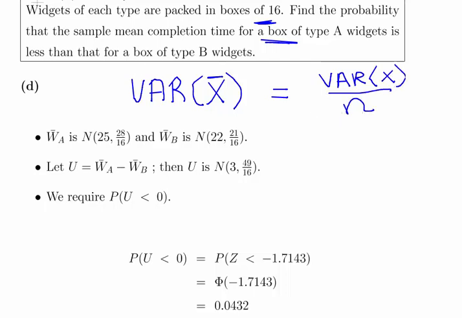So essentially what we're doing here is dividing by 16. That's the key thing here, just remembering to do that. So the variance of a mean of a sample size, taking repeated samples and calculating the mean from each sample of 16, is just the variance of the underlying random variable divided by the sample size. So that's what we're doing here. The mean stays the same, by the way.